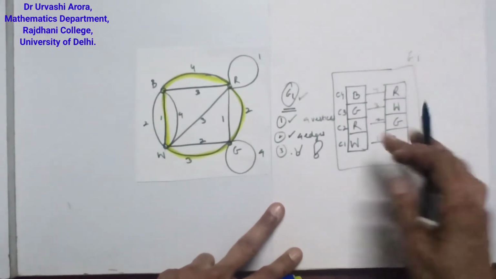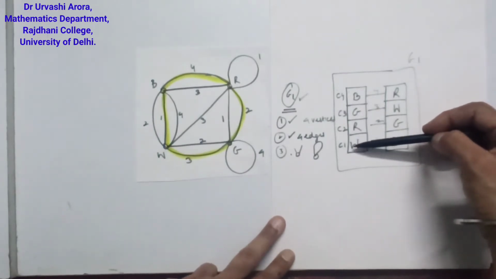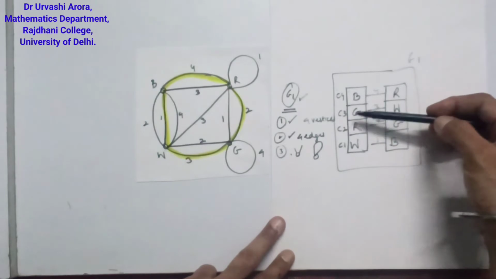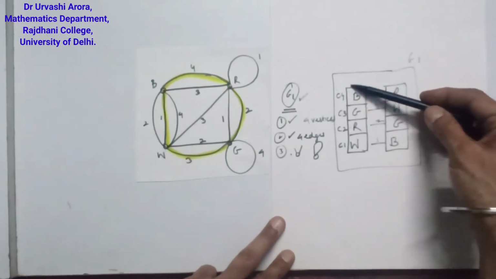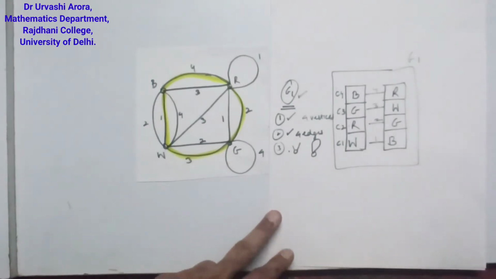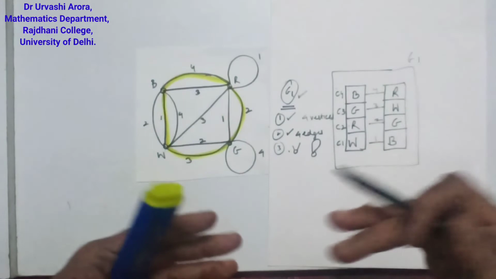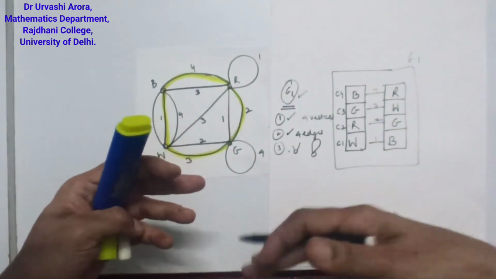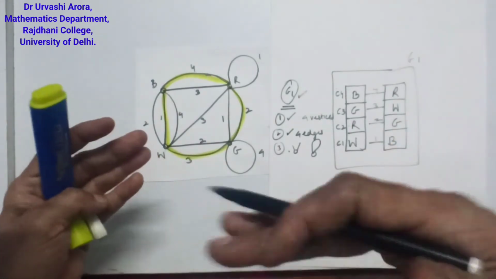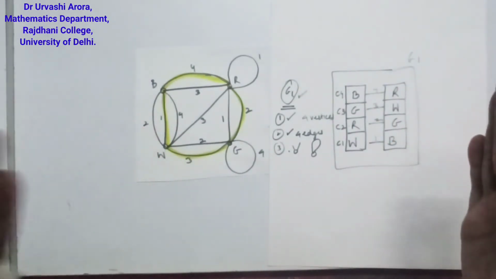Subgraph G1 is actually giving me an arrangement where if you stack the cubes in this order, above cube 1 you have cube 2, above cube 2 you have cube 3, above cube 3 you have cube 4, there will be a resulting column that will be formed. We know when you stack the cubes one above the other, you will have a resulting column in which there are 4 faces: the front face, the back face, the right face, and the left face, or we can say the front side, the back side, the right side, and the left side.